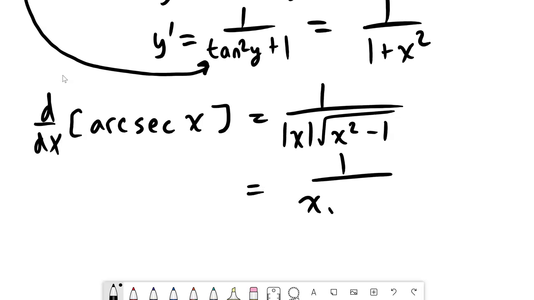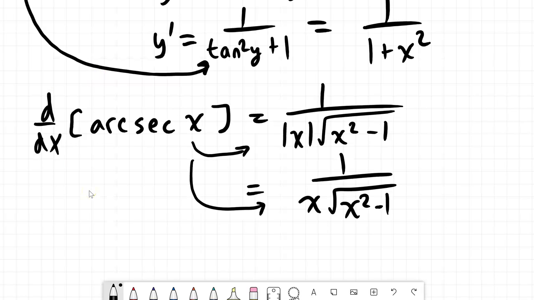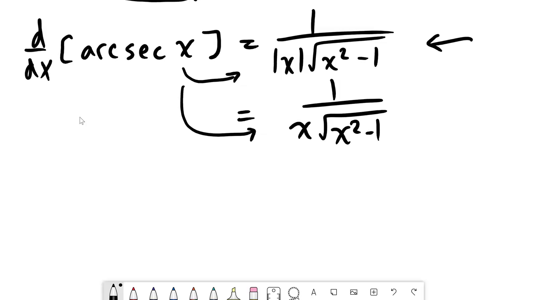I guess the reason is that they want us to know the range and domain of arcsecant, and because of the domain, one side defines it in a way such that the derivative is this, and another group defines it in a way that's this. I don't know if they actually formalize what it is, but the one I think is used the most is this first one. So I'm just going to give this to you right here.